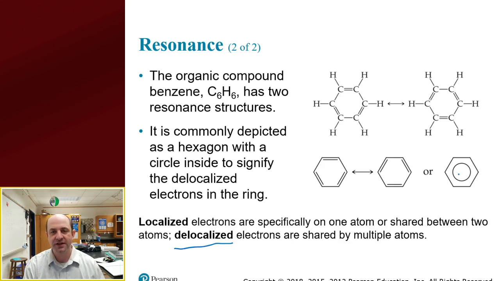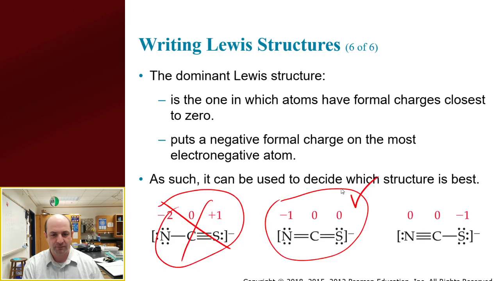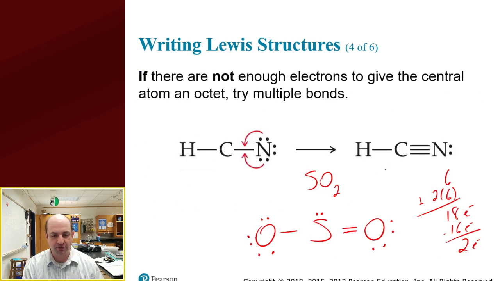So you've got to watch out for resonance. Again, that'll come up mostly when you have different spots where you could put a double bond. A lot of times you'll see it with oxygen. So if we scroll back real quickly to my SO2, this is one resonance structure. I could have put the double bond over here on the left. That would be the other resonance structure. And so the real structure is an average of the two, where it would be like 1.5 for the bond length of each.